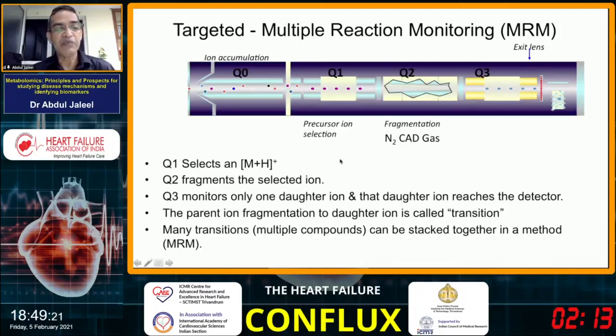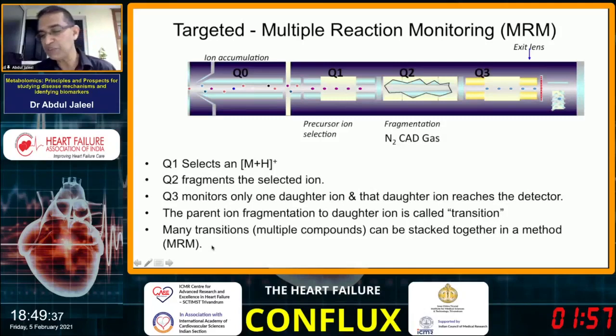The parent ion fragmentation to daughter ions is called a transition, and many transitions, that means multiple compounds, can be stacked together in one method, which is called multiple reaction monitoring.